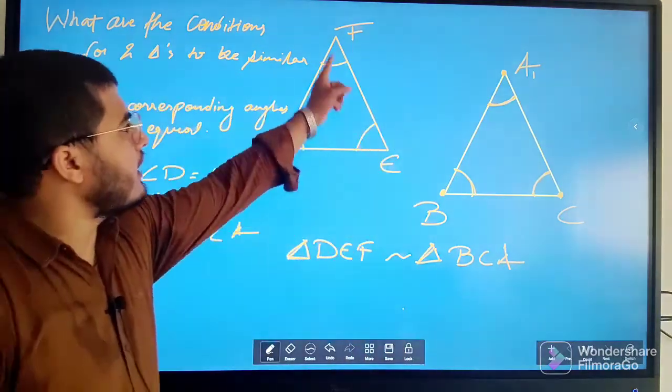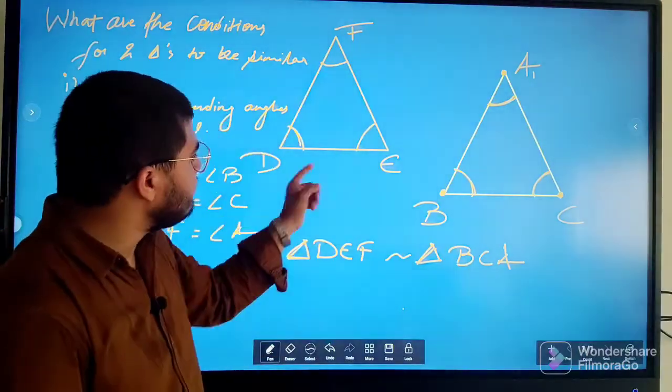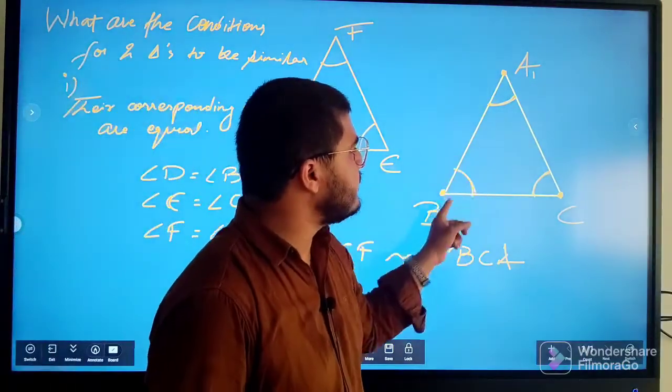Triangle DEF is similar to triangle BCA.